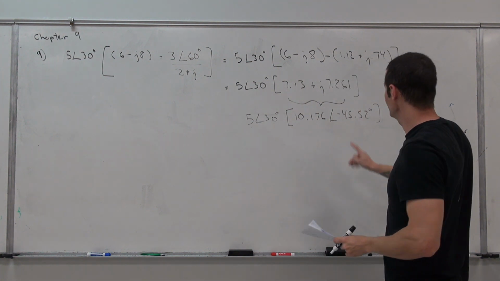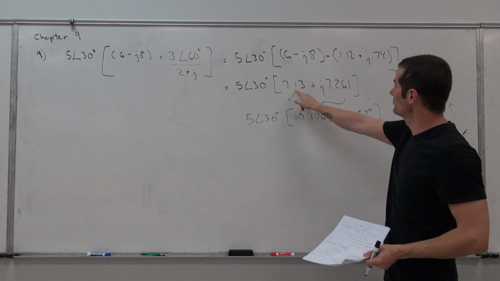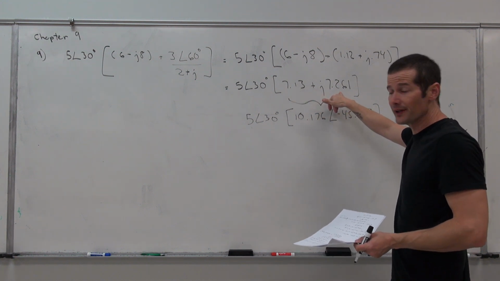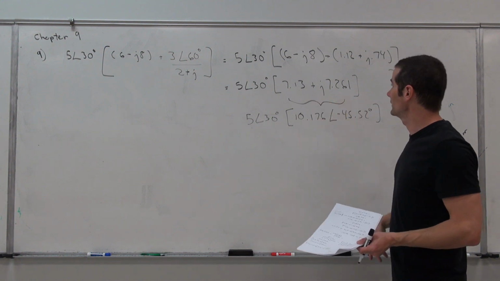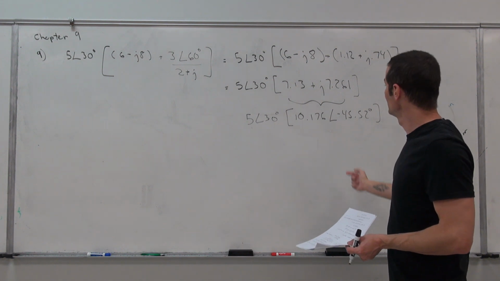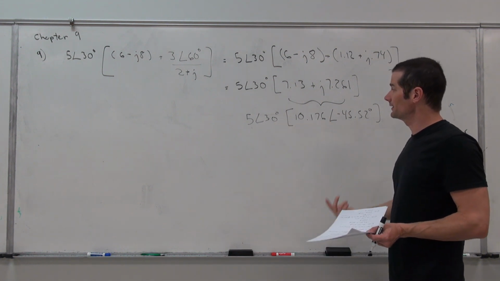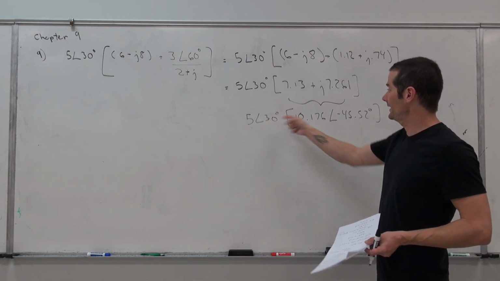Now if we look here, it makes sense that we get an angle of about negative 45 degrees because the real and imaginary portions of this number are very, very similar. That means we have nearly equal magnitude on the real and imaginary axes. When we multiply these two, we multiply the magnitudes together and add the angles.